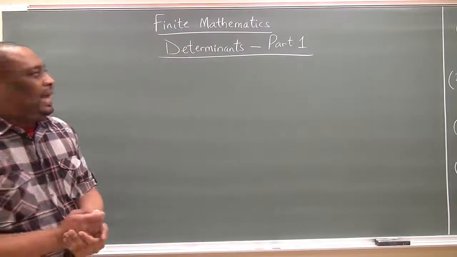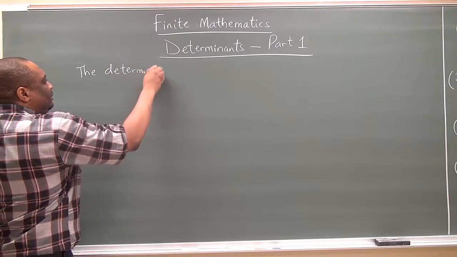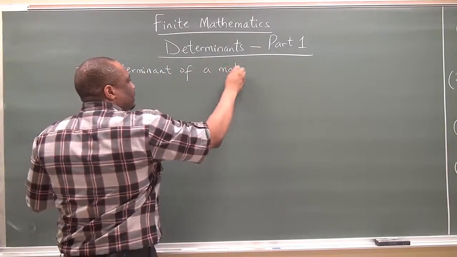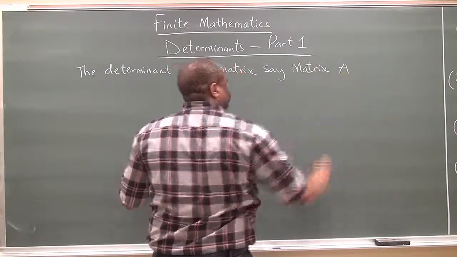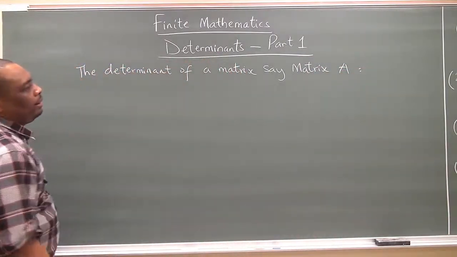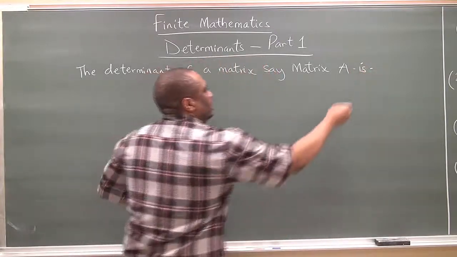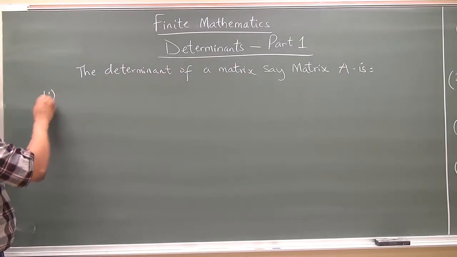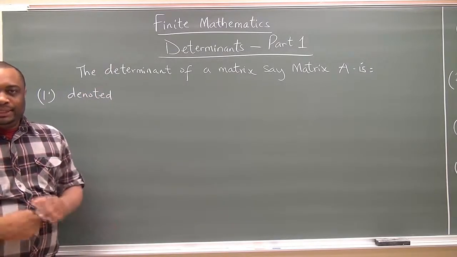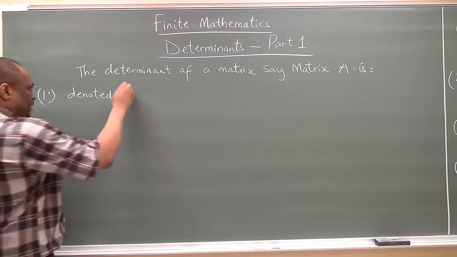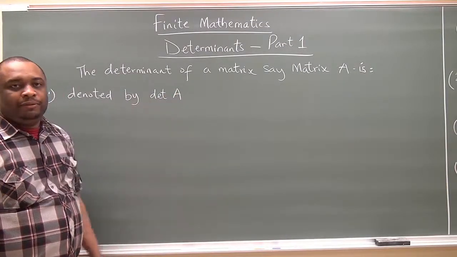So what do we know about determinant? Let's say that the determinant of a matrix, say matrix A, the first thing we want to know about determinant is that it is denoted, or represented, or designated, by det A. We write it as det A, the short form for determinant.